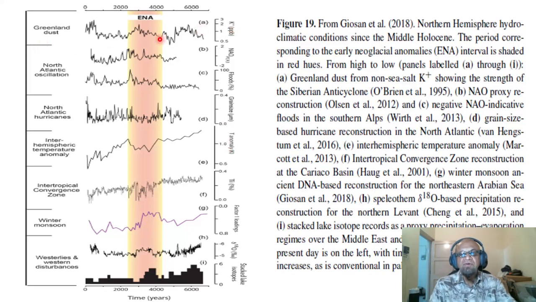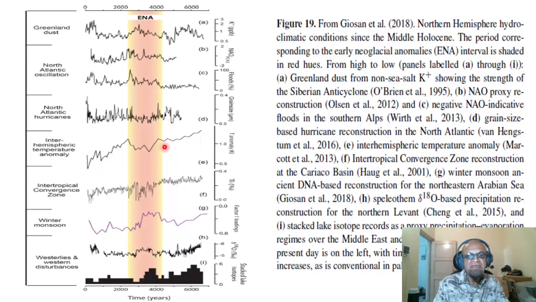Greenland dust is used to extract some information on the strength of the Siberian anticyclone, North Atlantic oscillation, we know what that is, and flood information can be derived as well using this approach, where grain size, negative NAO indicative of floods in the southern Alps, so correlations are used to indicate that. Hurricanes are derived from grains in the sediments and so on.